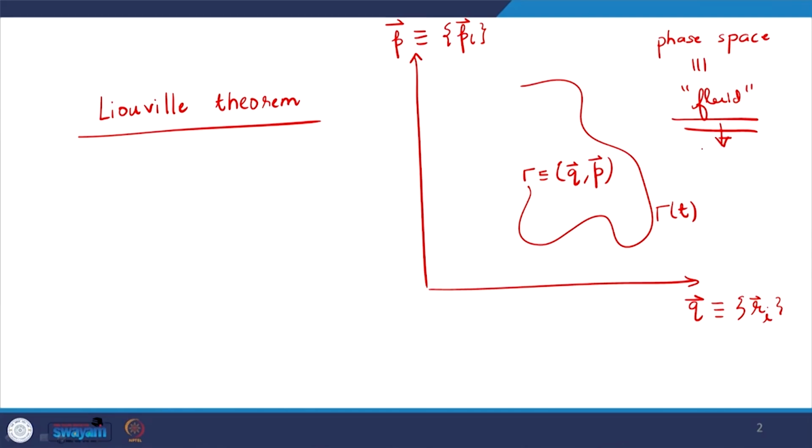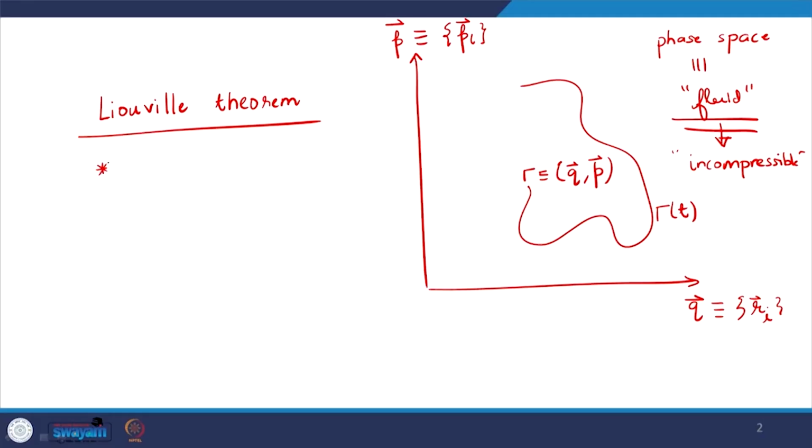It says that the fluid that we can imagine in the phase space is actually incompressible. So, we make an analogy with incompressible fluids in fluid mechanics and think of the hypothetical fluid, that is the phase space, as an incompressible fluid.